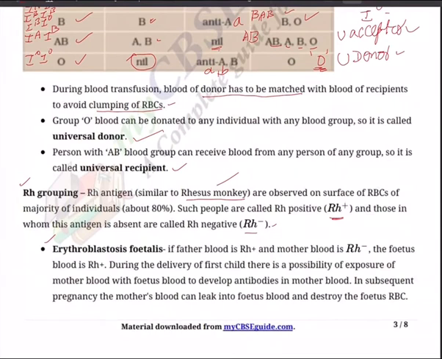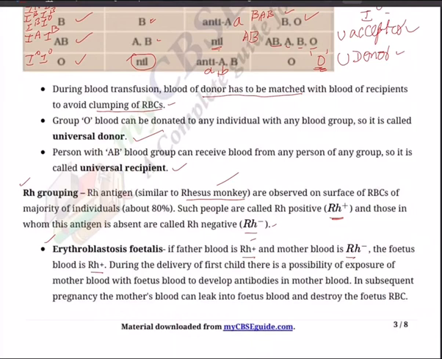And then what we said just now, based on the presence of Rh factor, erythroblastosis fetalis can take place, which is very dangerous to both mother and the child. If the father's blood is Rh positive and the mother's blood is Rh negative, the fetus blood will be Rh positive because of the law of dominance. Father's blood is Rh positive means Rhesus antigen is present.